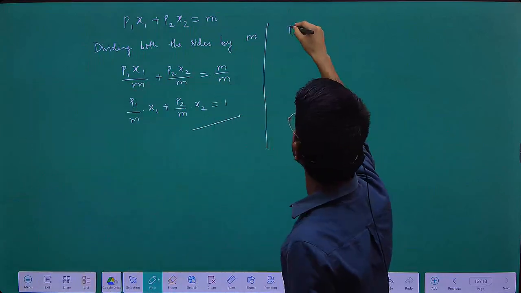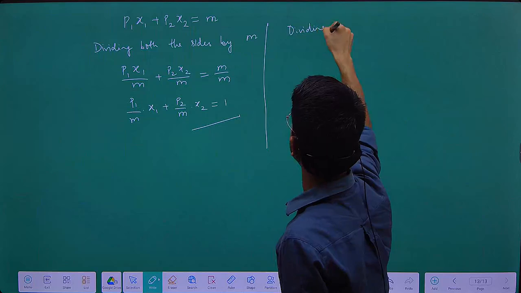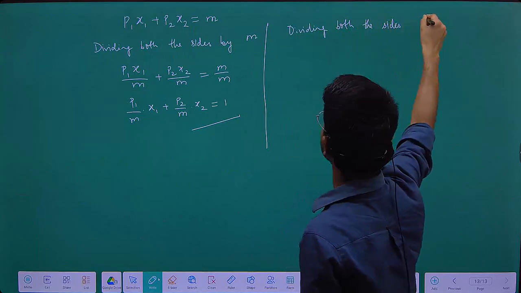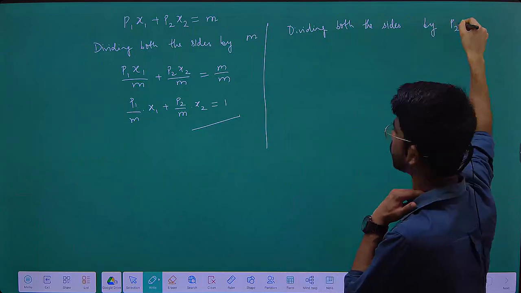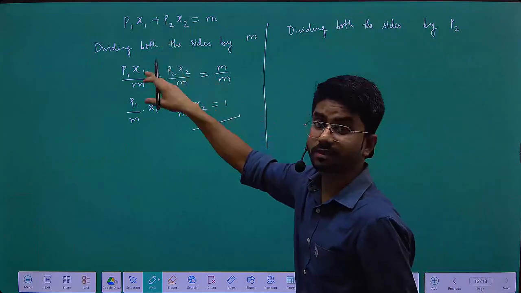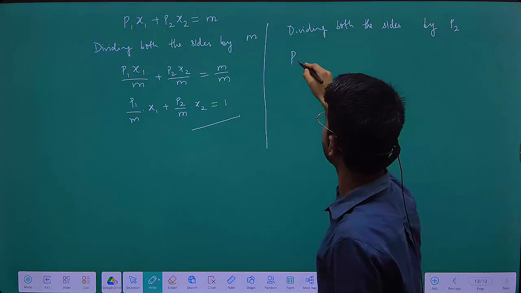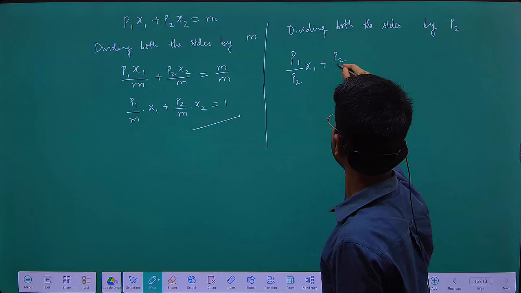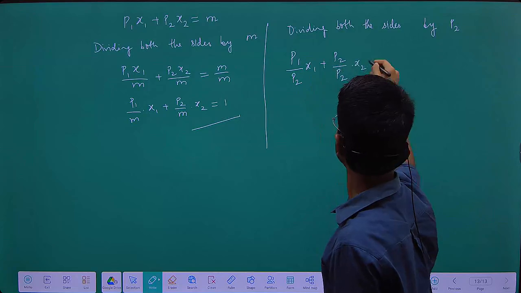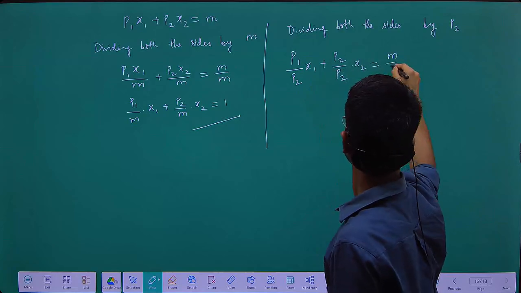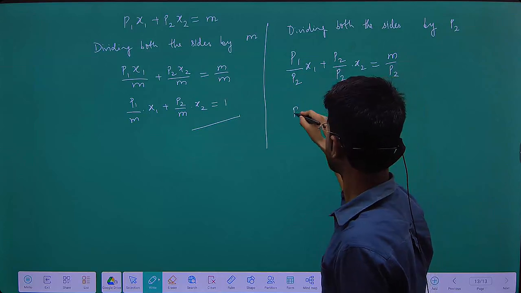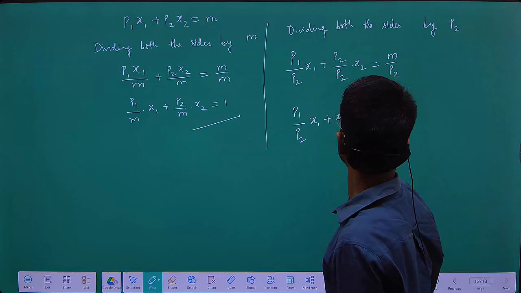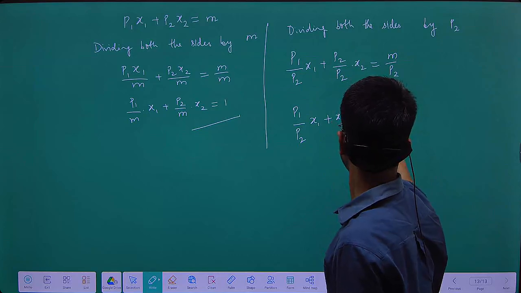And second is, if we divide both the sides by p2, we get p1 upon p2 x1 plus p2 upon p2, and m upon p2. So you have p1 upon p2 x1 plus x2 equal to m upon p2.